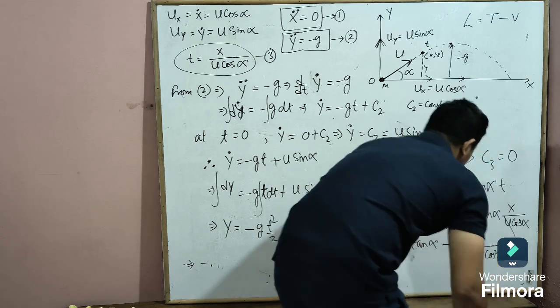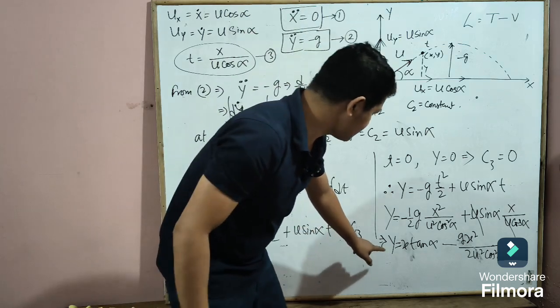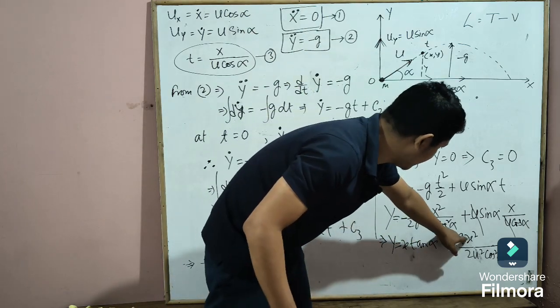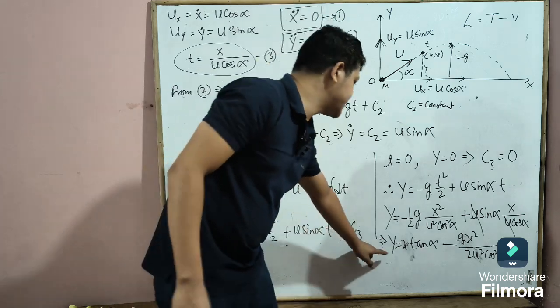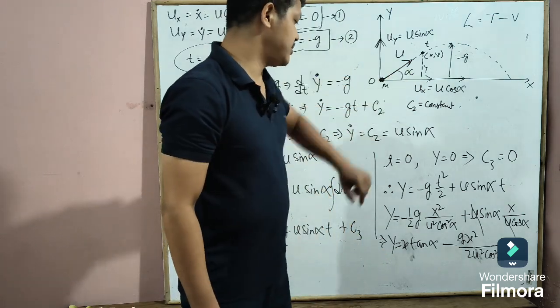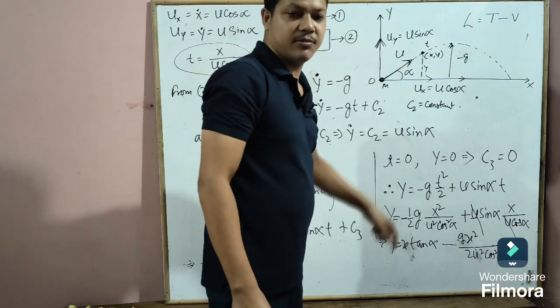You can write this. Now you see here the highest power of x is 2, so it is quadratic, so it must be the equation of a parabola. Therefore the path is a parabola.